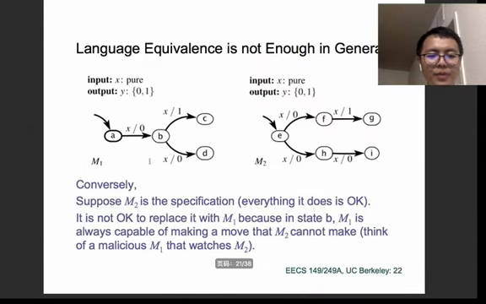So it is not okay to replace it with M1 because in the state B, M1 is always capable of making a move that M2 cannot make, right? This is not a valid substitution because after the first execution, it cannot behave in a non-deterministic way.